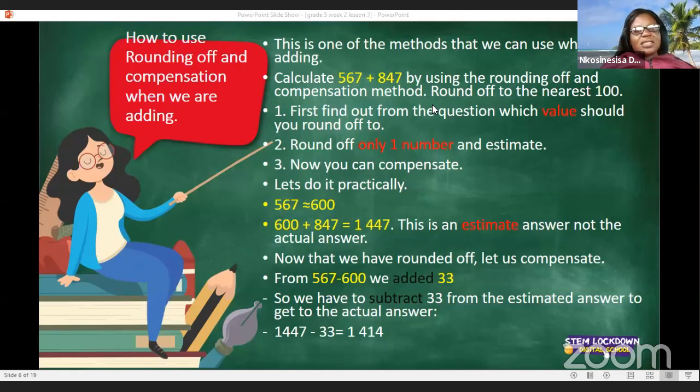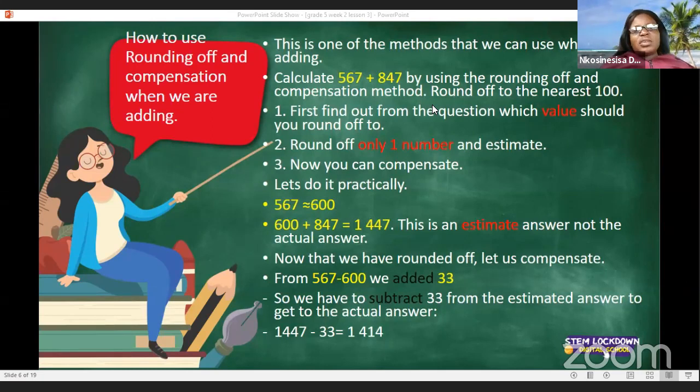So grade 5s, it is important every time, please read the question and check what the instruction requires of you. So number 1, first you have to find out from the question, which value should you round off to? The question won't be complete if I just say calculate blah, blah, blah by using rounding off, and then I don't tell you you round off to what.